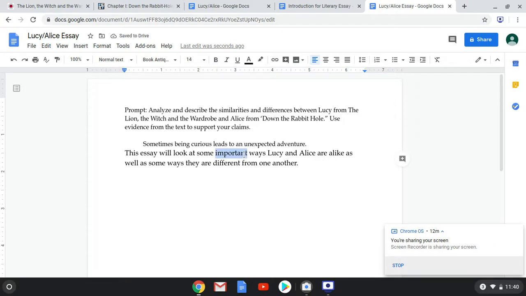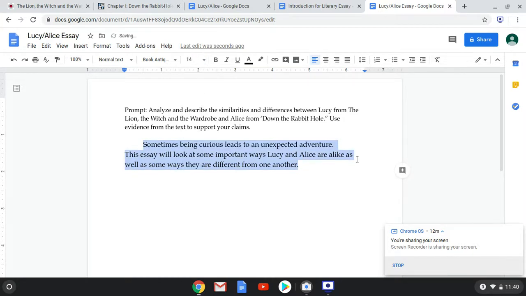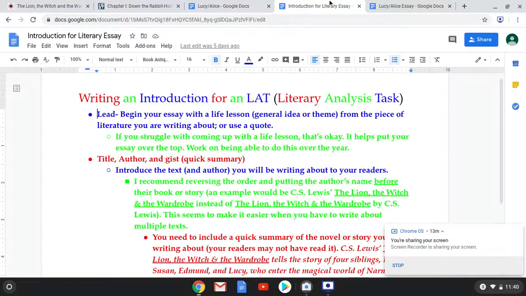My fonts don't look like they're matching up. We want it to be the same, so let's make it 14. All right. So I have, sometimes being curious leads to an unexpected adventure. All right, that's just a little life lesson. It doesn't really do anything. Okay, what's the next thing I need to do?